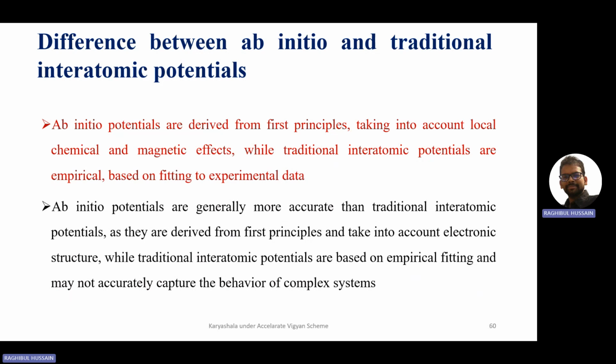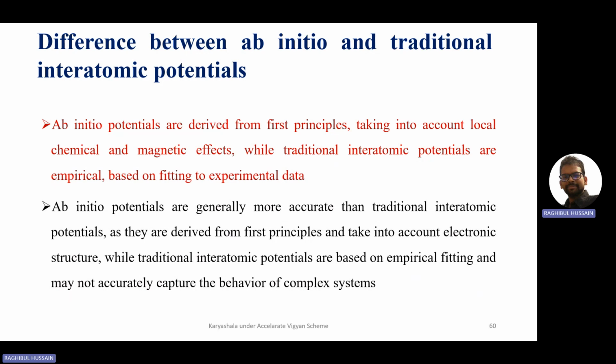Ab initio potentials are upgraded with the DFT calculation at every step, so they are generally more accurate, because they are not taken from a set of fixed values but are updated with your simulation.